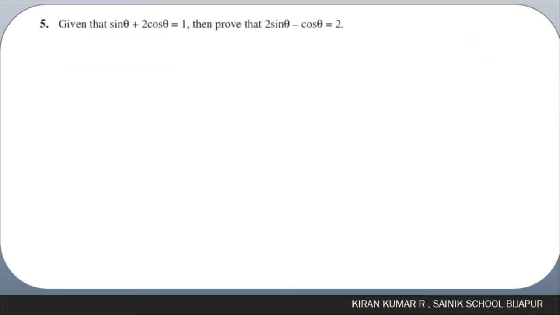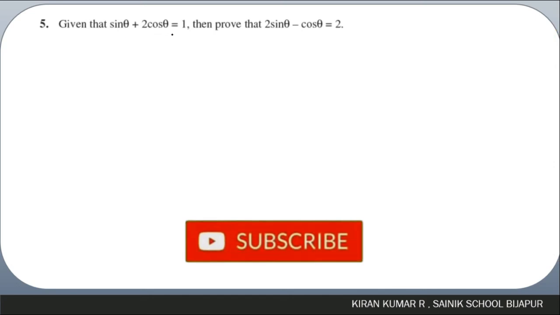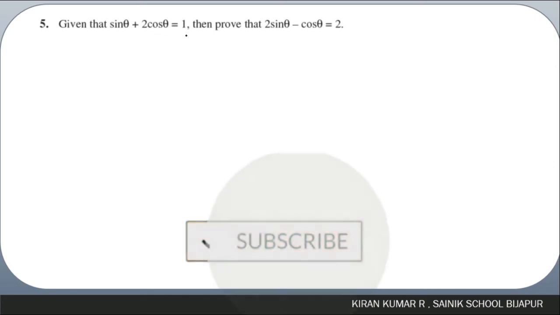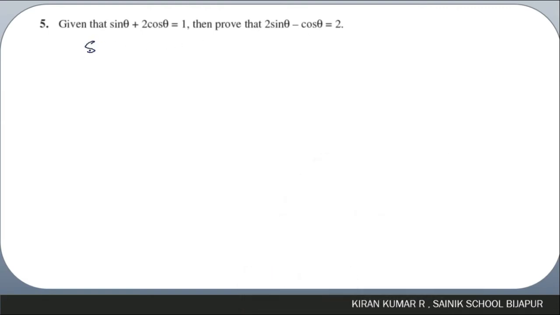Question number 5. Given that sin theta plus 2 times cos theta equal to 1, prove that 2 sin theta minus cos theta equal to 2. Let me write the given: sin theta plus 2 times cos theta equal to 1. To get 2 times sin theta minus cos theta equal to 2, I'll do squaring on both the sides.